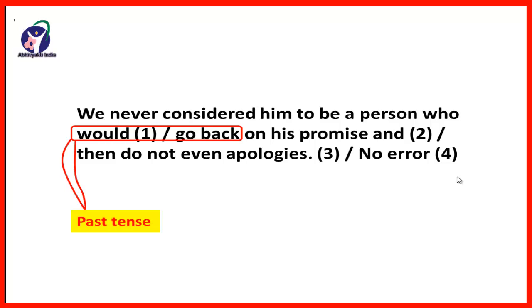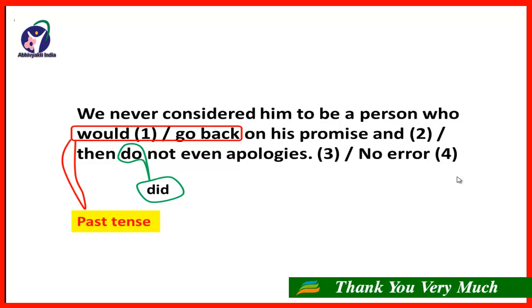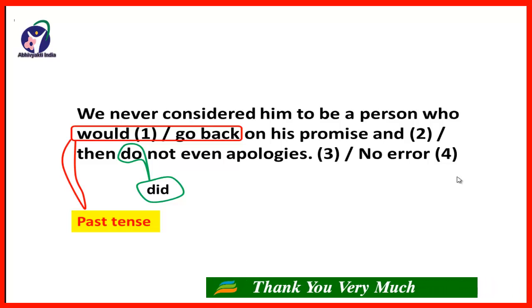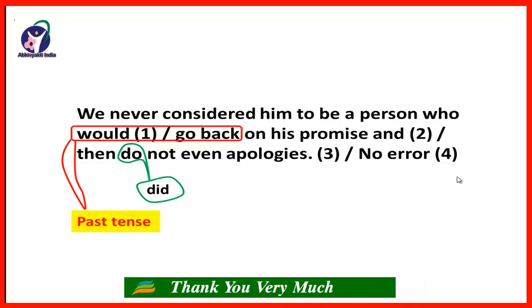Since the sentence is in past tense, do should be replaced by did, because did is a past tense of do, and so the correct sentence will be we never considered him to be a person who would go back on his promise and then did not even apologize.